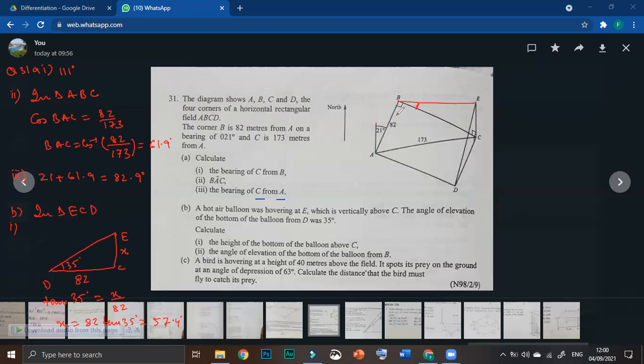Now, which triangle will we use to find out the angle of elevation of E from B? EBC. Now, EBC in actual is a right angle triangle, but in the figure it is not drawn correctly. EC is vertical, BC is horizontal.